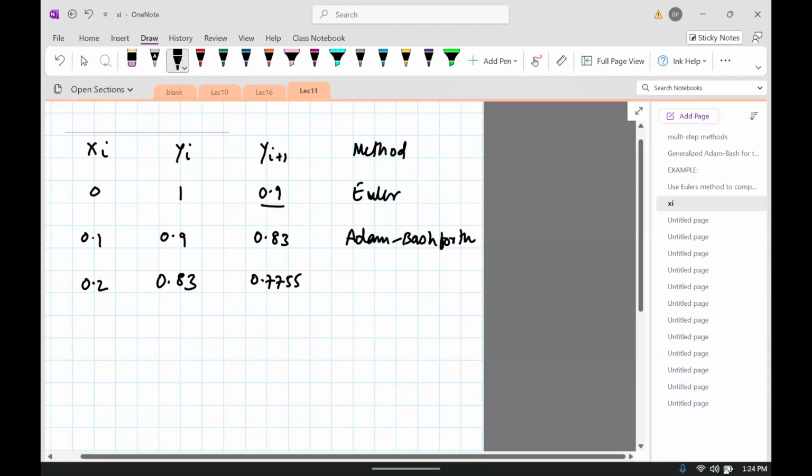0.7755, then 0.3, 0.7755, 0.7357, 0.4, 0.7357, 0.7091. And I use the same method, Adams-Bashforth, all over again.